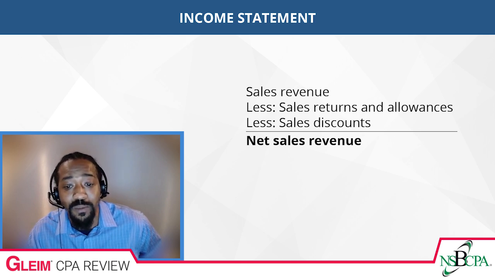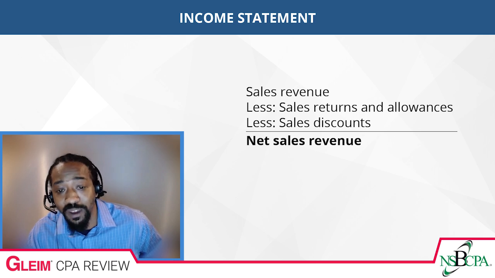Sales returns represent the return of an item previously sold. Allowances would not be the return of an item, but rather given a reduction to the sales price after the sale. Sales discounts are discounts we offer to our customers to pay more quickly.